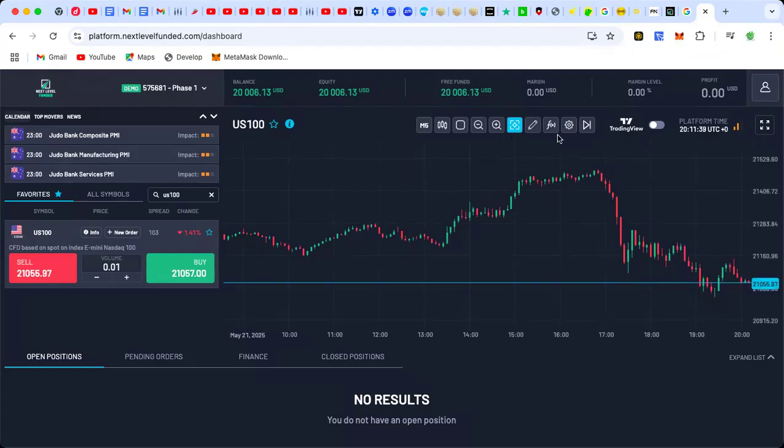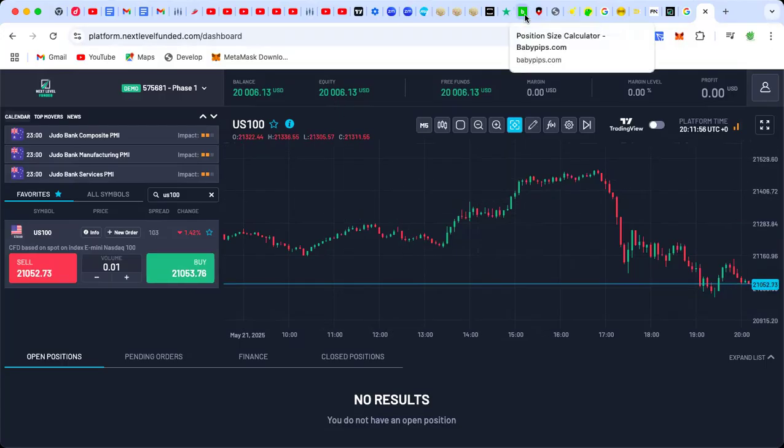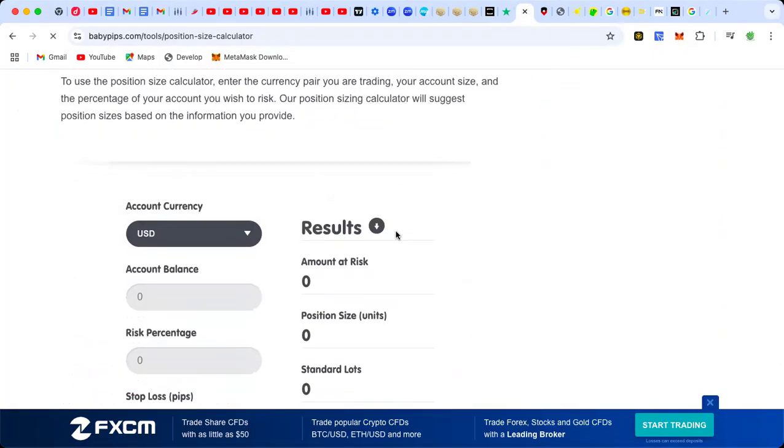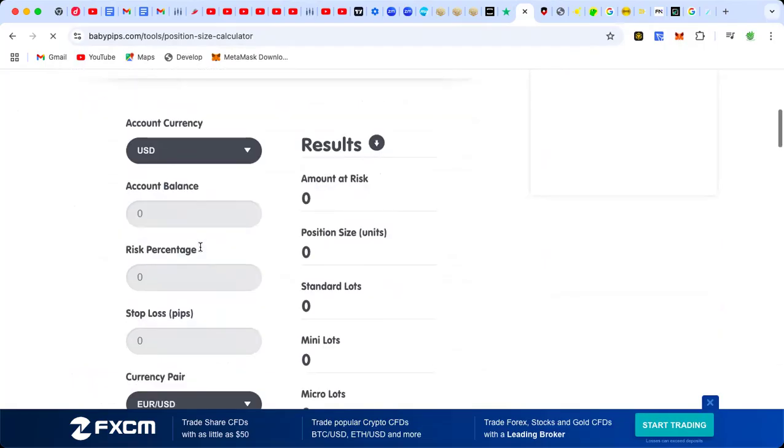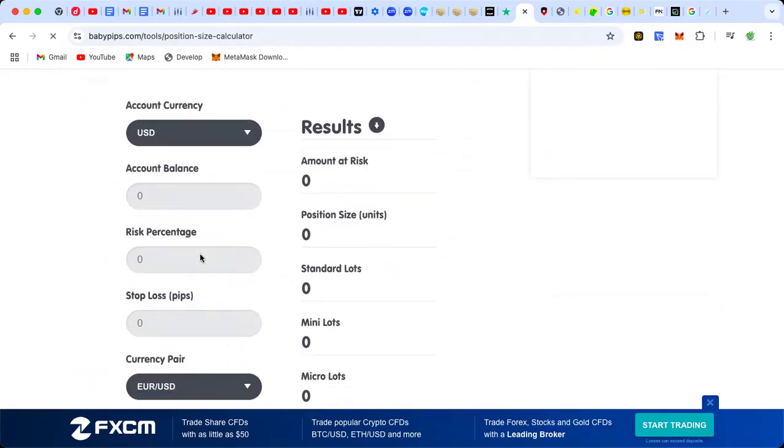Today was when this profit was made on a $20,000 challenge account, but the maximum drawdown is 6% and the daily drawdown is 3%, which means $600 is the daily drawdown. The formula I use is very simple. Since $600 is my daily drawdown, I use 10% of it per trade. How many stop losses will I be able to take?